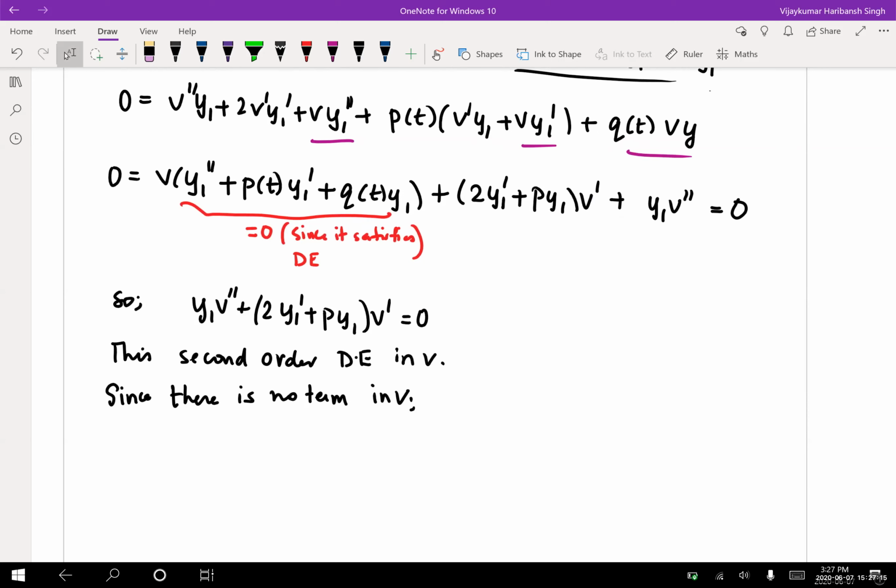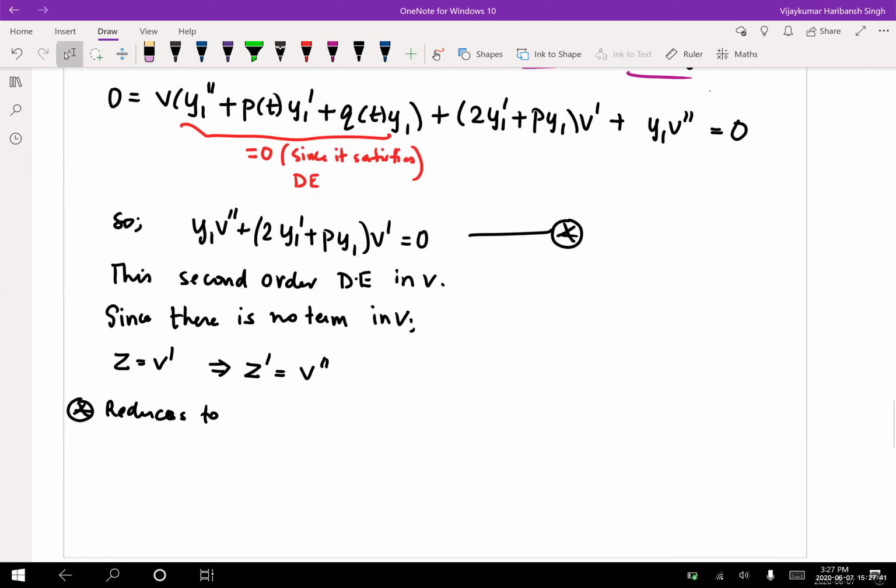The idea behind reduction is to take z equals v prime. This implies z prime equals v double prime, and therefore the star equation reduces to y1 z prime plus (2 y1 prime plus p y1) times z equals 0.